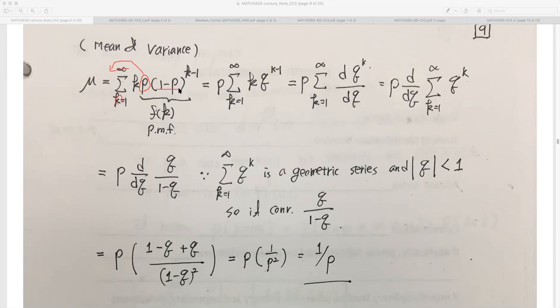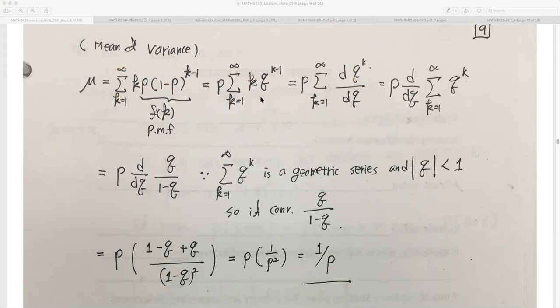So we get p times the sum, and k times q to the k minus 1 can be expressed as a derivative of q to the k's power. Considering k times q to the k minus 1 as, for example, the definition of a function g of q.